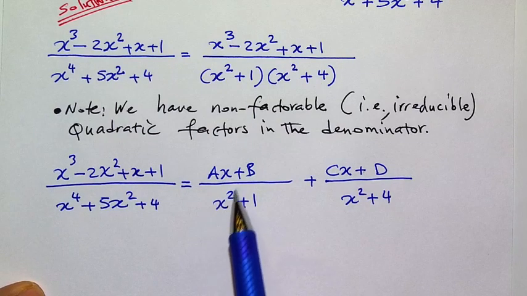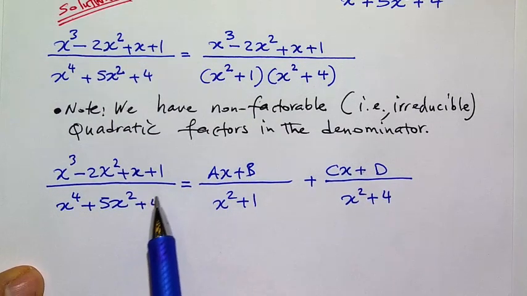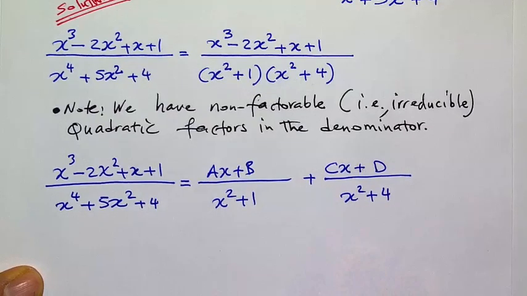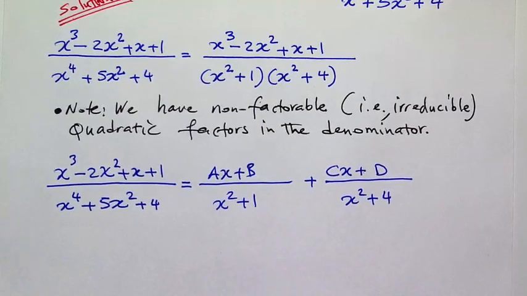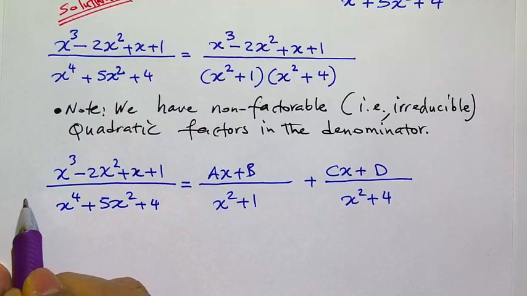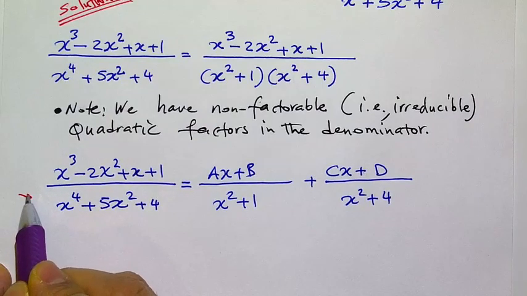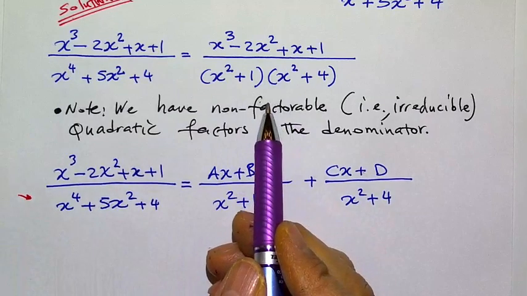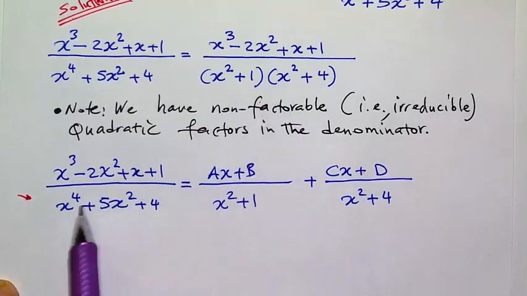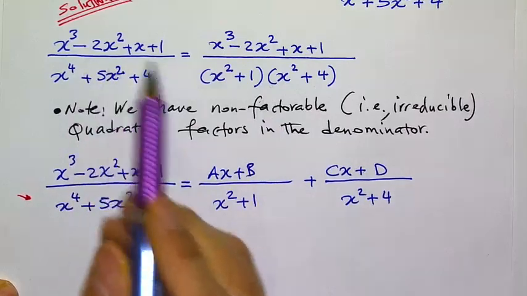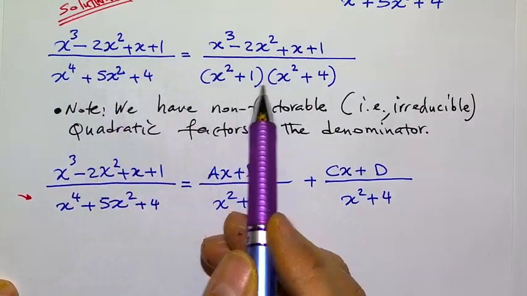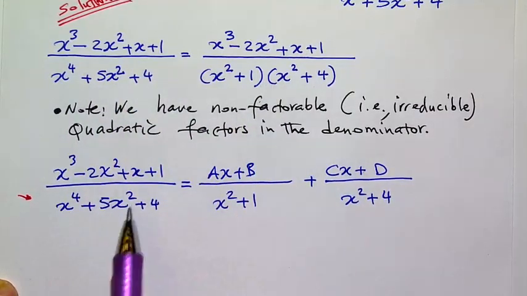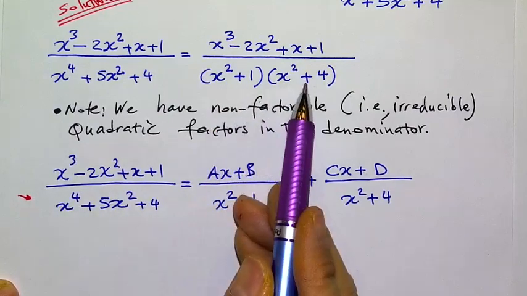I should, by the way, before I post these lecture notes on Canvas, make a note here for myself. I need to put this in factored form. Sorry, I just missed it. Because we already factored the denominator, I should have started the left-hand side with this in factored form.